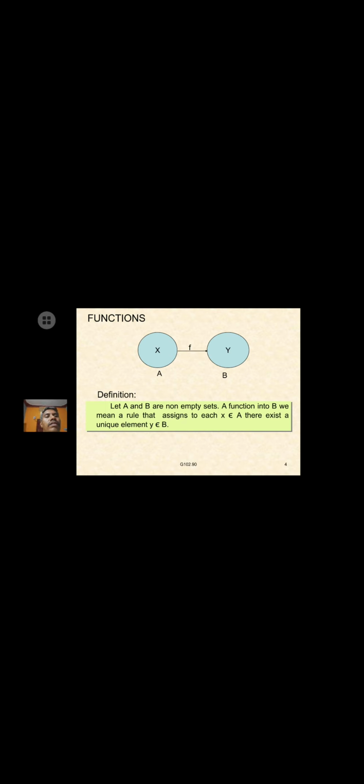So the definition is: let A and B be non-empty sets. Non-empty means it contains at least one element.